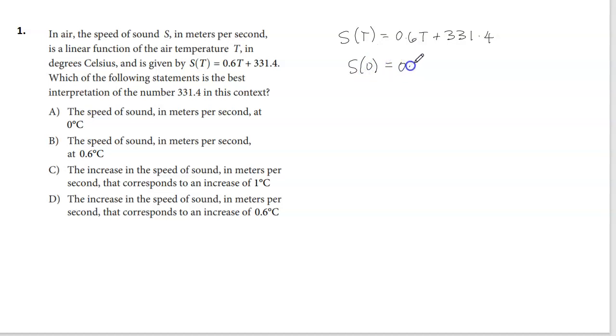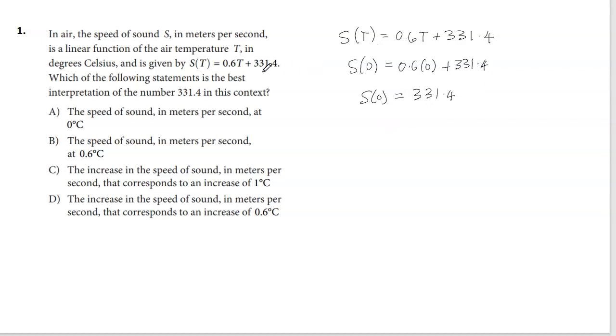We have 0.6 times 0, which is the value of T, plus 331.4. So S of 0 is equal to 331.4. This would be the value of the speed of sound in meters per second when the temperature is equal to 0 degrees Celsius.